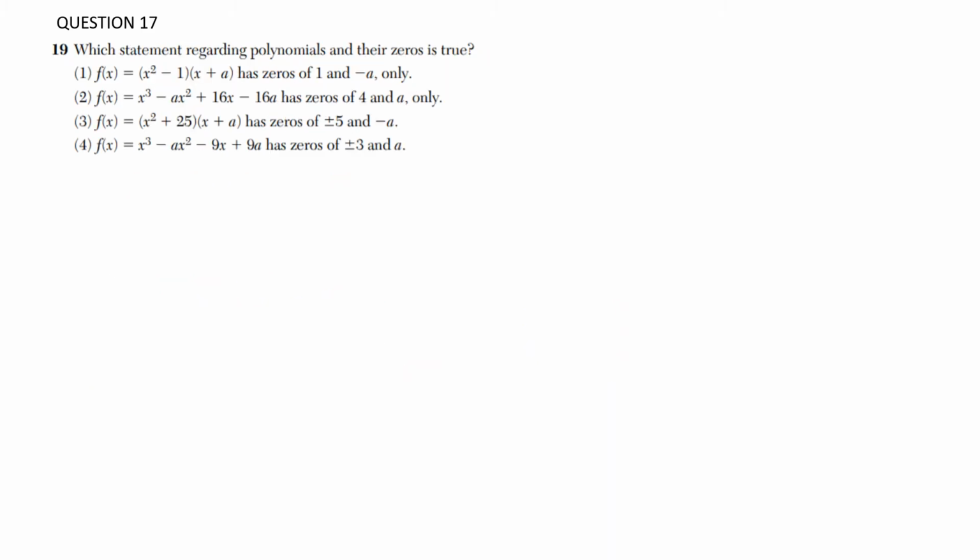All right, which statement regarding polynomials and their zeros is true? We can just go through each one of them. I think that'd probably be the easiest way. We're going to be using what's called the factor theorem here.